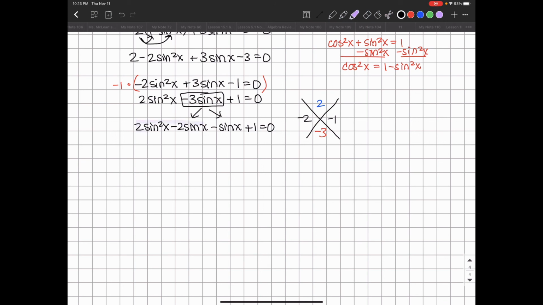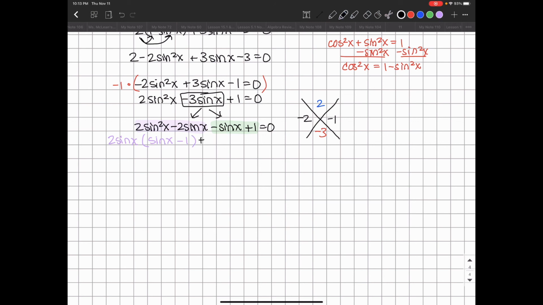So I'm going to focus in on the first two terms and take out the GCF. And then I'm going to focus on the second two terms and take out the GCF. I'm going to see that they have something in common. So for the first pair there, I can take out 2 sine of x, and I have 2 sine of x times sine of x minus 1 is going to be what I get there.